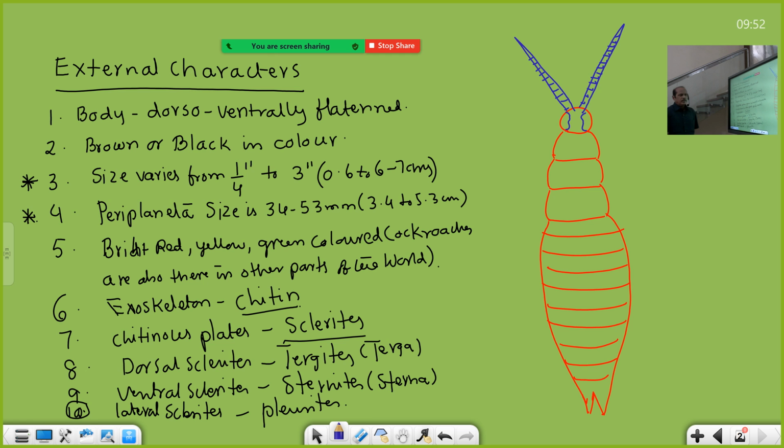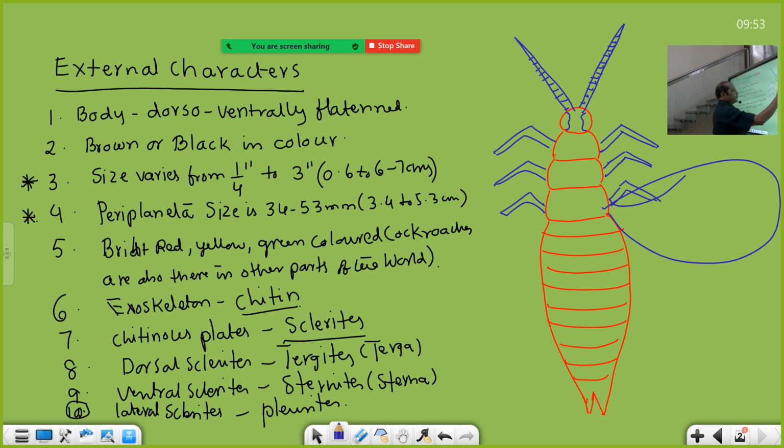So these are the antennae, and 3 pairs of legs are present on either side, with claws. Here is one leg and another leg here. This side is also the same. So 3 pairs of legs come from each thoracic segment. Totally 3 pairs of legs, and also 2 pairs of wings.